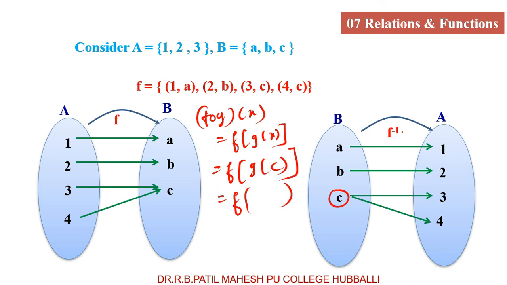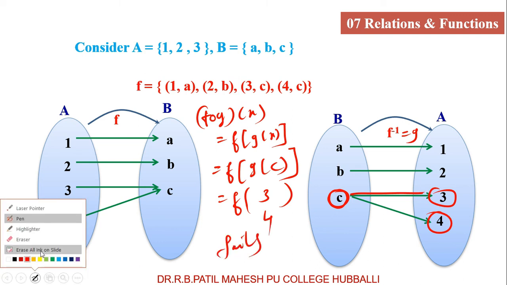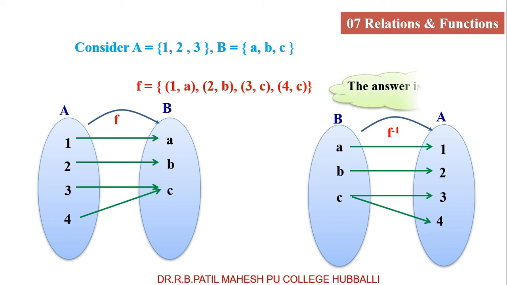f inverse means g only, hope you know that. g of c means which one should I write, whether I should write 3 or 4. If I write 3, there will be a question, wrong, because some students may write 4. So again it fails to get f composition g. Therefore here also the answer is no for the question, does the inverse exist if the function is only onto?